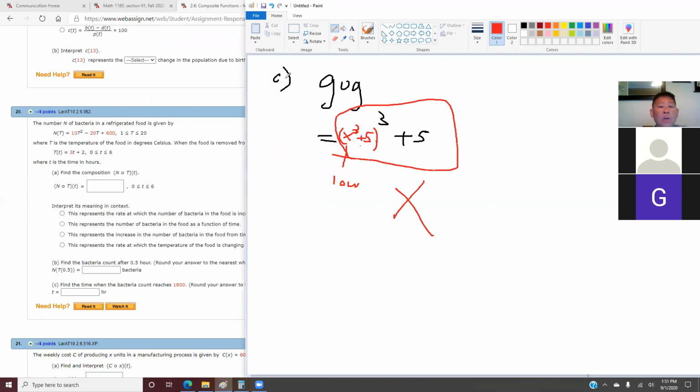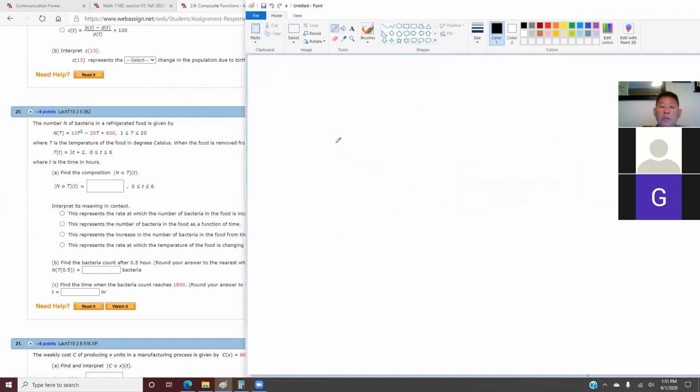For part C, you need part A. So you need to find what n dot t is. N dot t means you take all this t and plug it into your n. I don't have time to go through all of this in class. I think we did the last part on question 3, the domain.